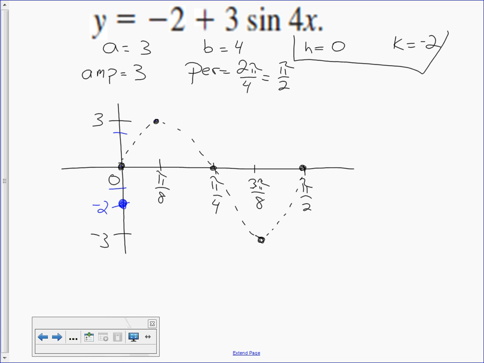Instead of being at 3, I'm going to be at 1. Instead of being at 0, I'm going to be at -2. Instead of being at -3, I'm going to be at -5. Instead of being back at 0, I'm going to be at -2. All I did is move it all down 2 points. And now, I just connected the solid line.